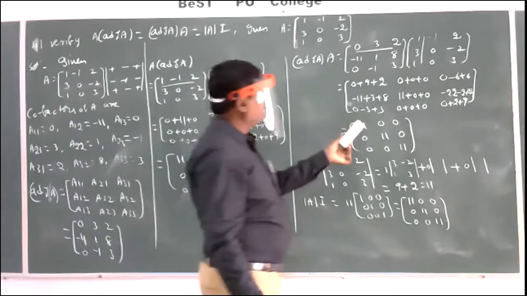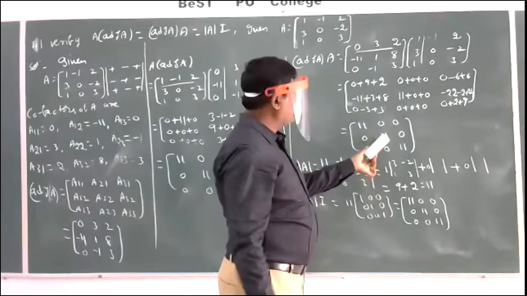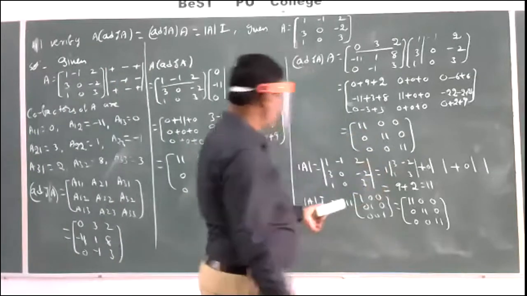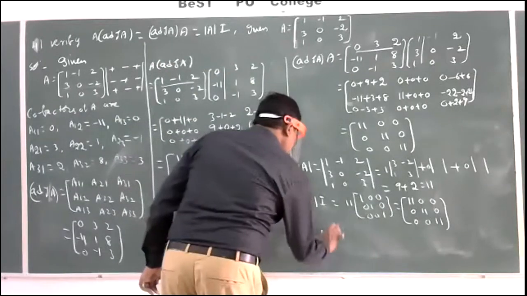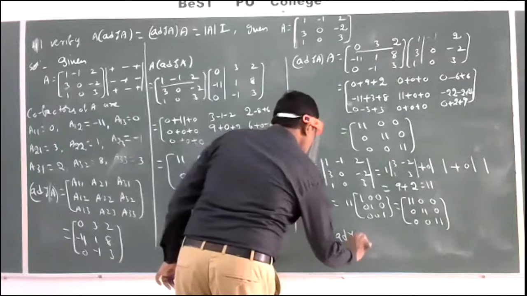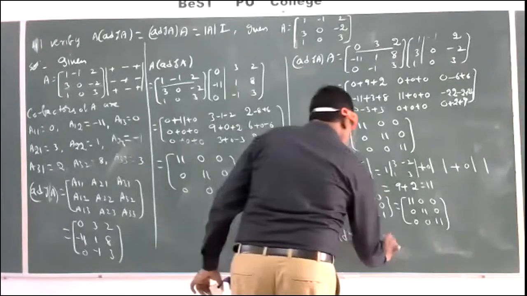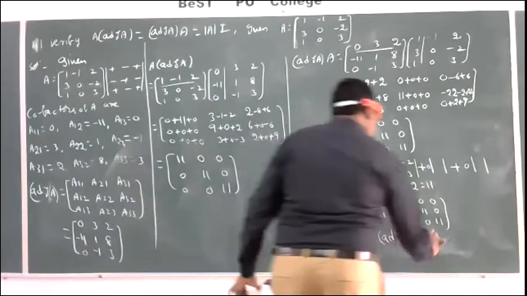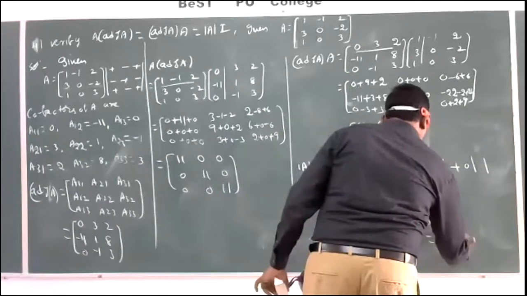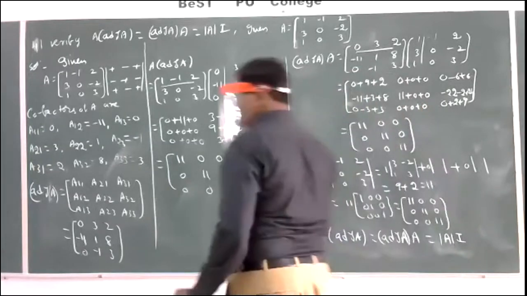Adjoint A into A is the same. Det A into I is also the same value. Therefore, we can write A into adjoint A equal to adjoint A into A, equal to det A into I. Note down.